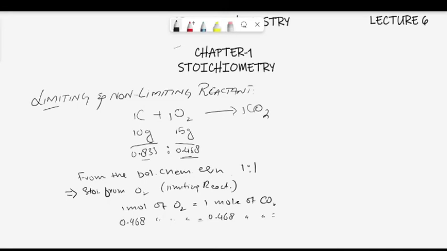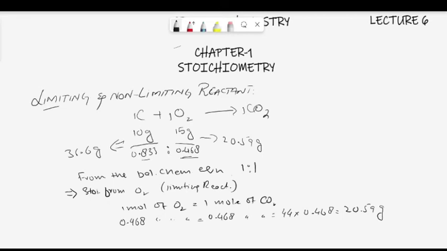And this is equal to 44 multiplied by 0.468, that is the number of moles of carbon dioxide produced, which is equal to 20.59 grams. So if you remember, when we did the math from carbon, we had 36.6 grams of carbon dioxide. But if you do the math from oxygen, then we should have 20.59 grams of carbon dioxide.